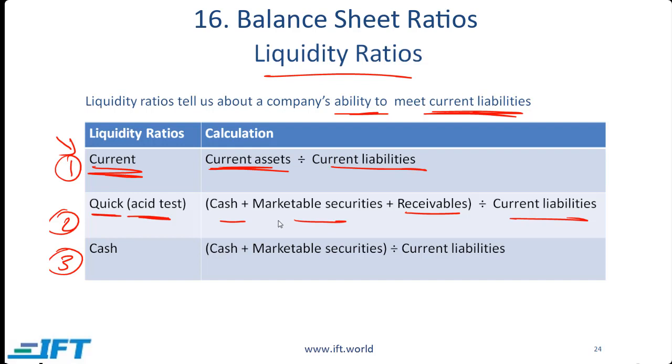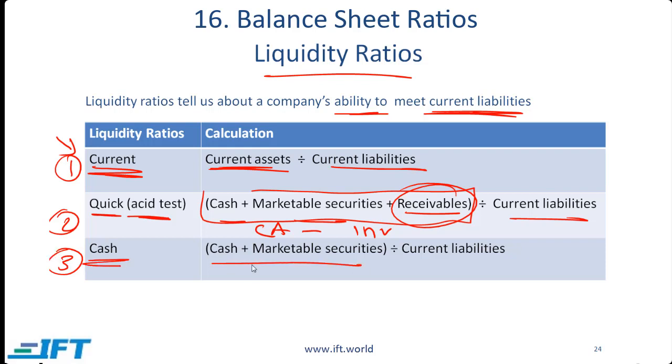In some finance textbooks, you might actually see current assets minus inventory, but the CFA program curriculum gives us this formula. Now here again, you might say that receivables are not very liquid for a particular company, and then you can go to the most conservative ratio, which is cash and marketable securities divided by current liabilities.